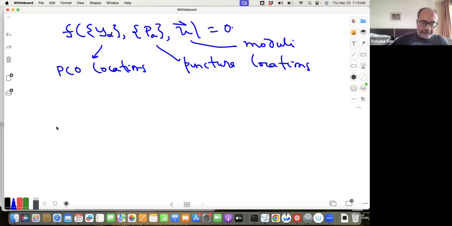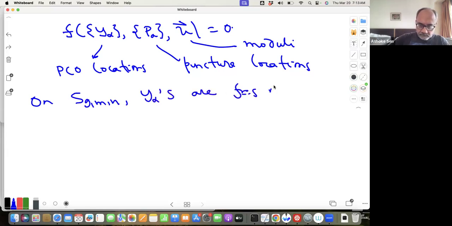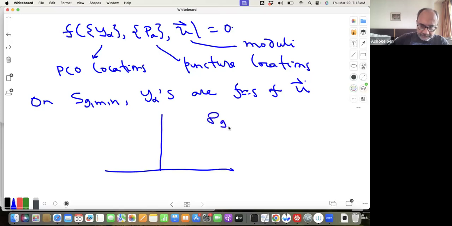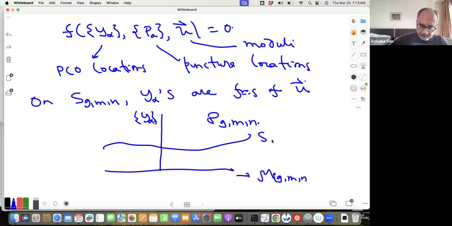Oh, yeah, because this is not necessarily on SGMN. This is a general statement. On SGMN, y alphas are functions of u. If you recall the way we introduced this, this is PGMN, these are the y alphas, this is the moduli, and this is a section.